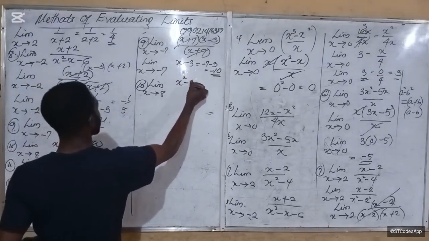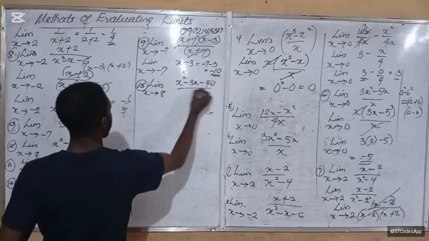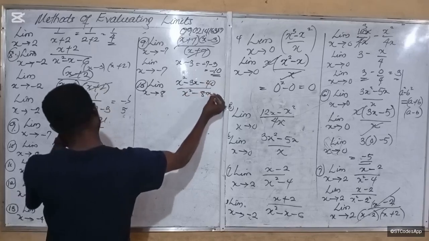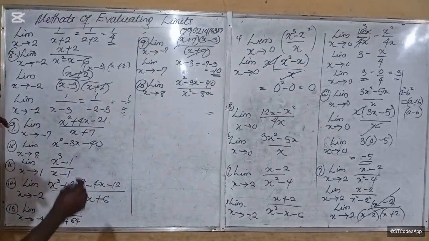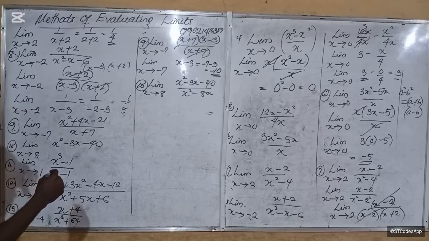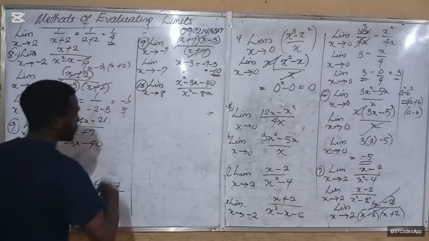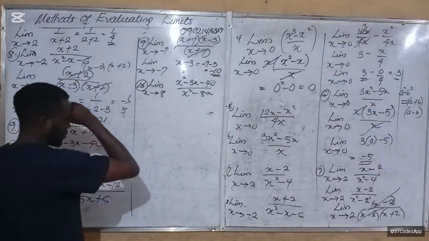So x squared plus 3x minus 40 over x squared minus 8x. Because we are under factorization, I expected that there should be a denominator there. Excuse me. So we have that.